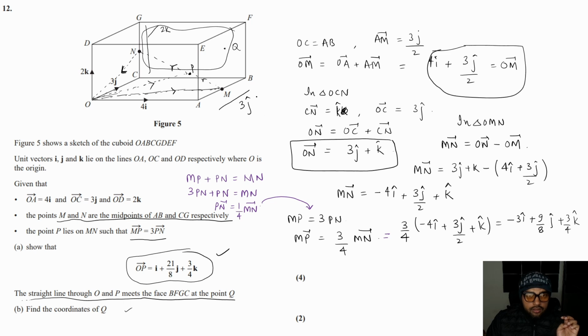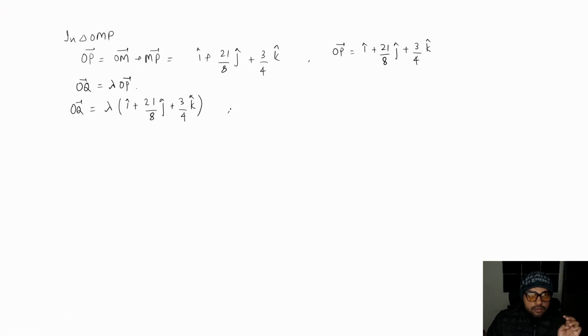The OP component in the y direction is 3j. So for the y component, (21 by 8) lambda times j will be equal to 3 times j. From here we get the value of lambda equals 8 by 7.